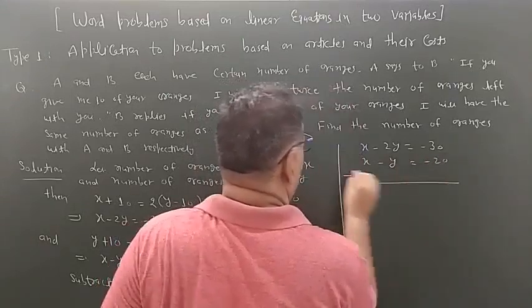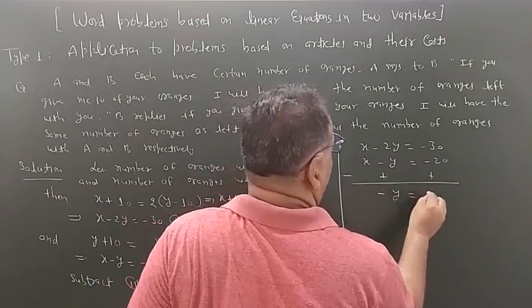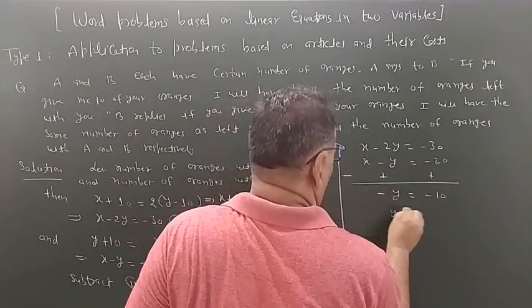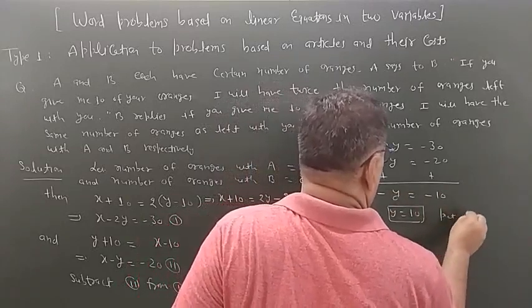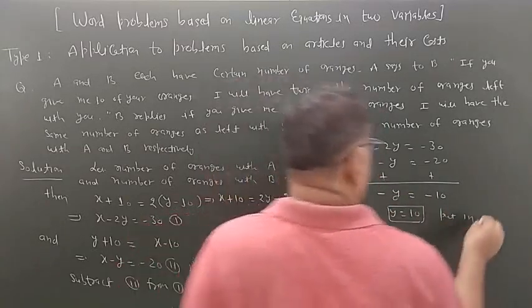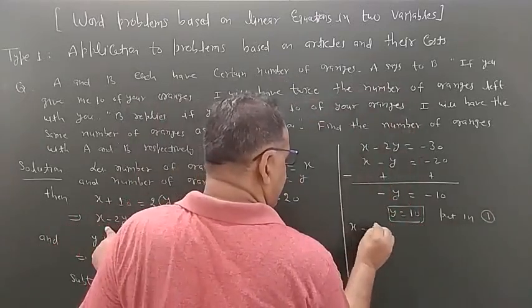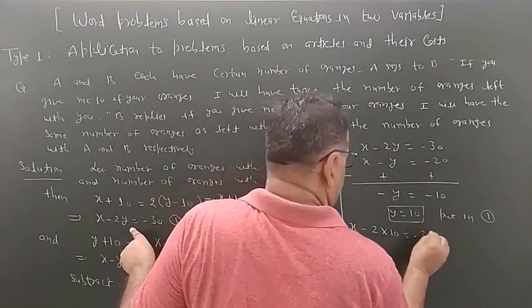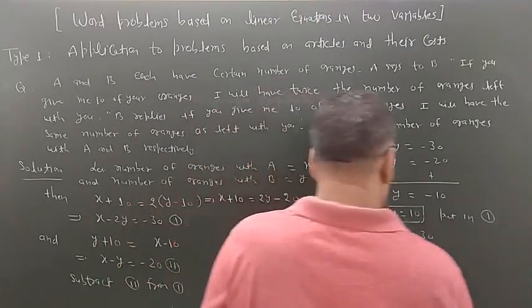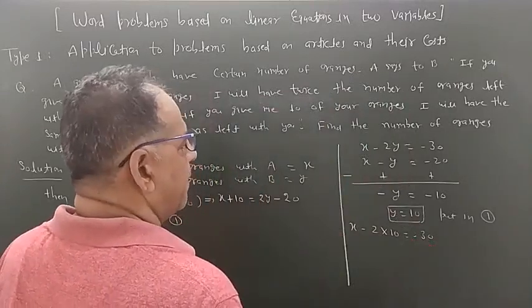So we are subtracting, so minus plus plus, you have minus Y equal to minus 10 or Y equal to 10. Put in first or second equation. So now you have X minus 2 into 10 equal to minus 30.